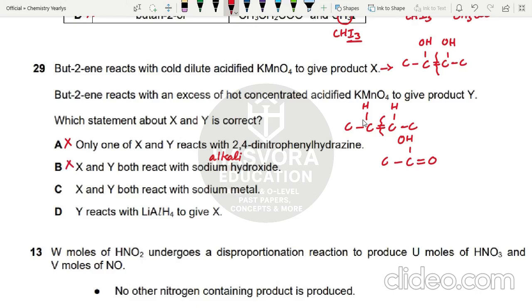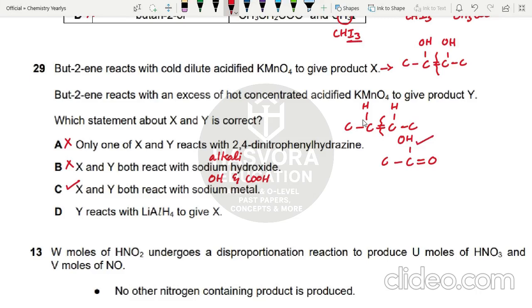X and Y both react with sodium metal. Now this point is correct because the OH group and the carboxylic acid group both react with sodium metal. So this can be correct. Y reacts with LiAlH4, lithium aluminium hydride, to give X. So if this carboxylic acid is reduced, what will happen?